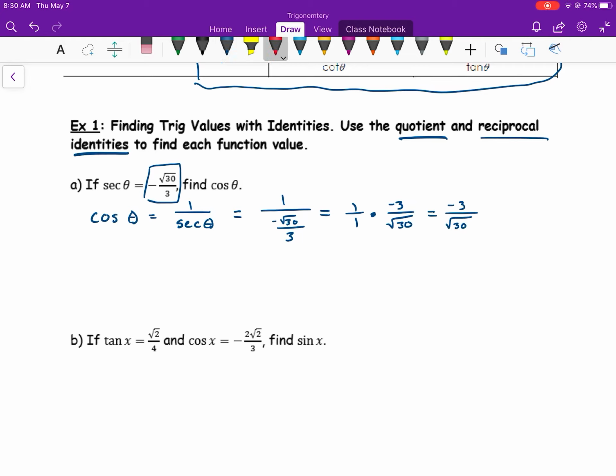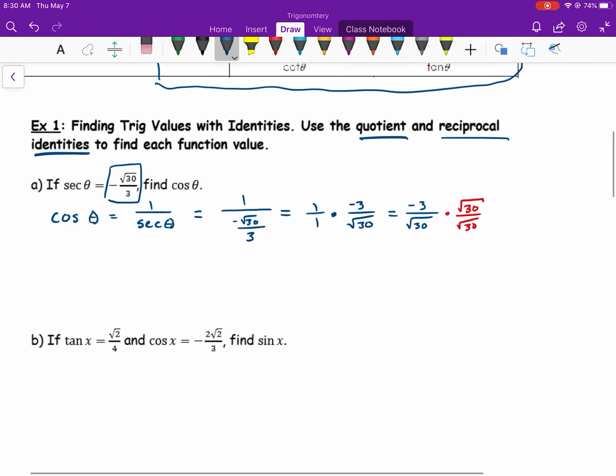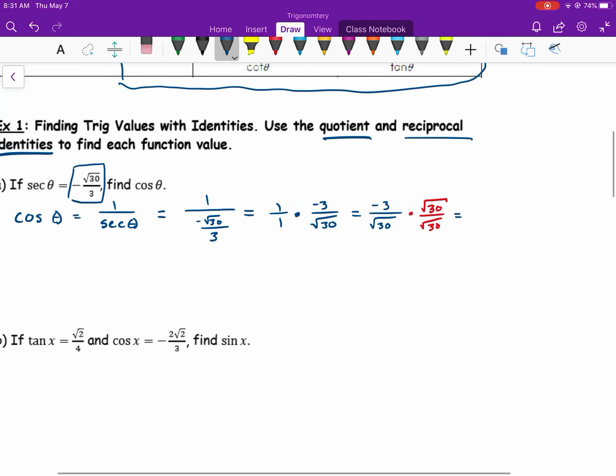Can't have a radical in the denominator, so we need to multiply, or rationalize the denominator, it's called. So multiply by that and clean it up. Then we get negative 3 square roots of 30. Then when you multiply that right there, the radicals will disappear, and then it'll just be 30.